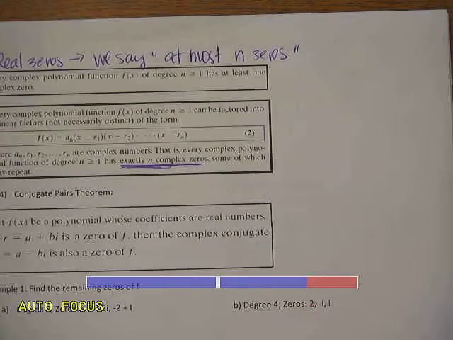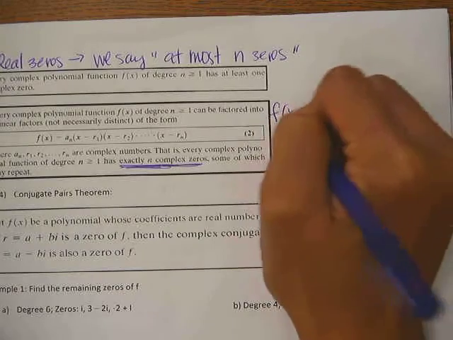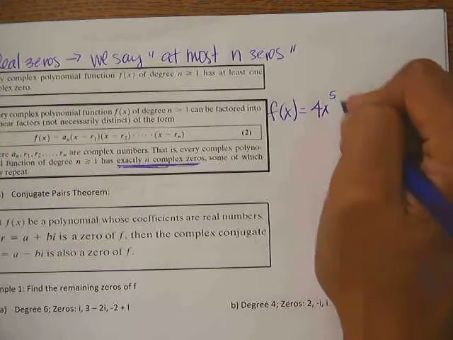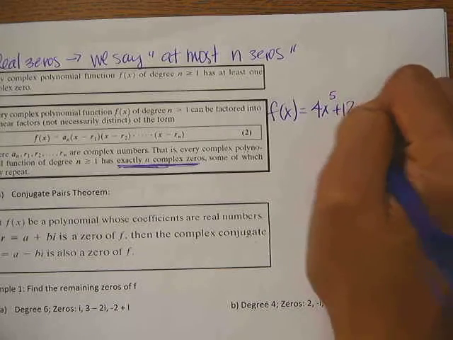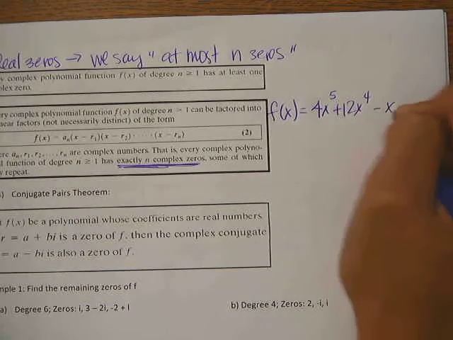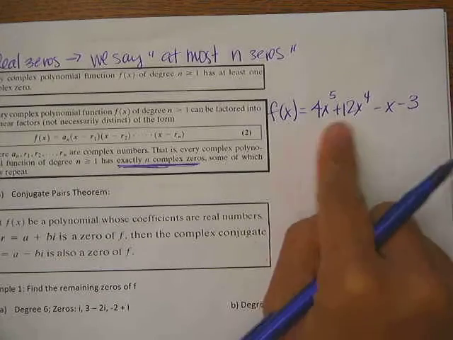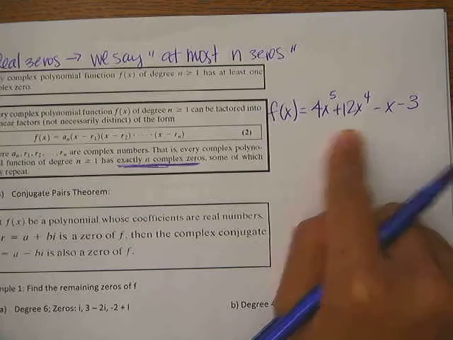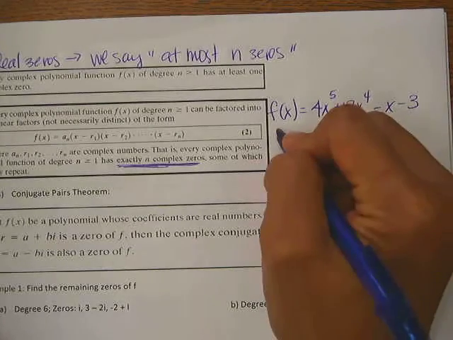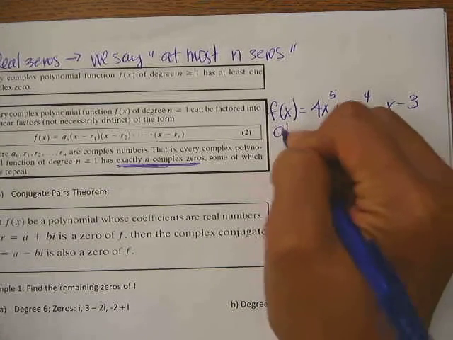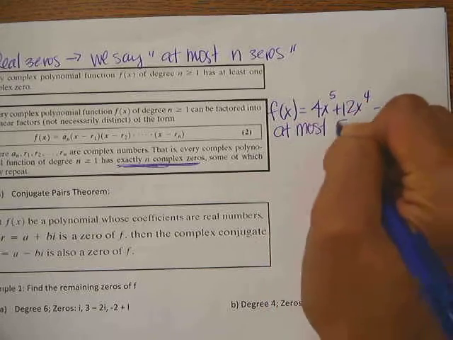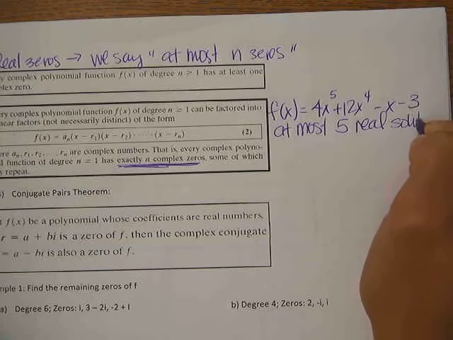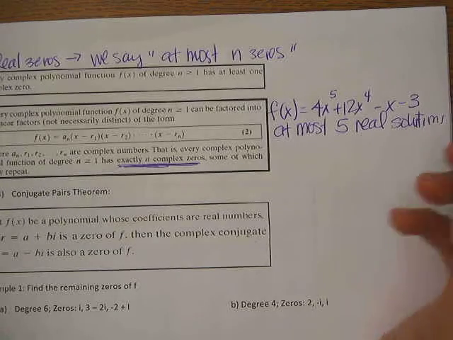Let's give you a polynomial function: f of x equals 4x to the 5th plus 12x to the 4th minus x minus 3. In example 3b, which we did in class, we said this has at most 5 real solutions in the real world.